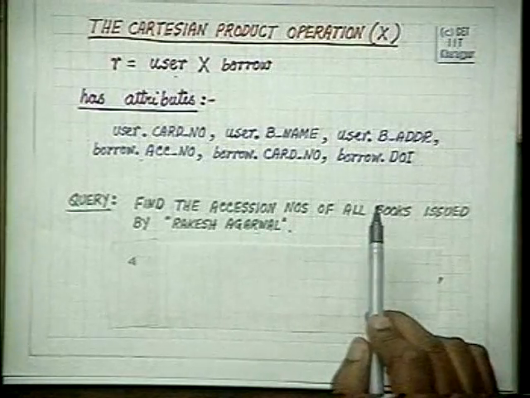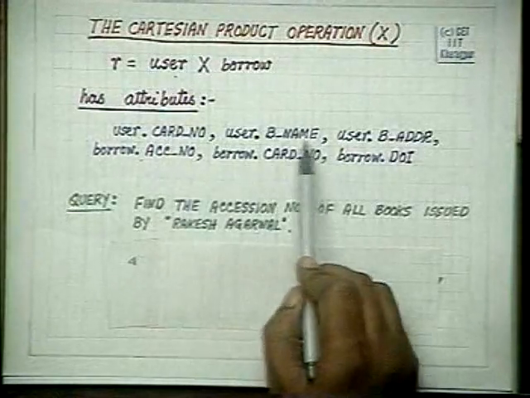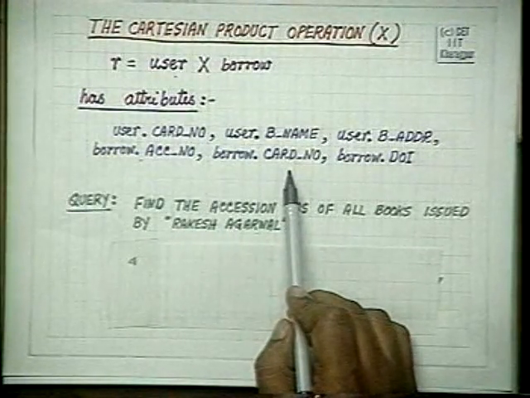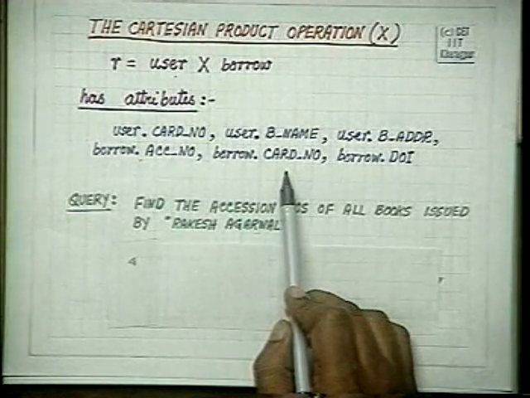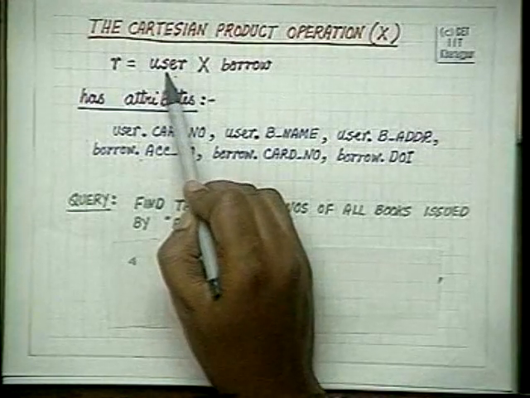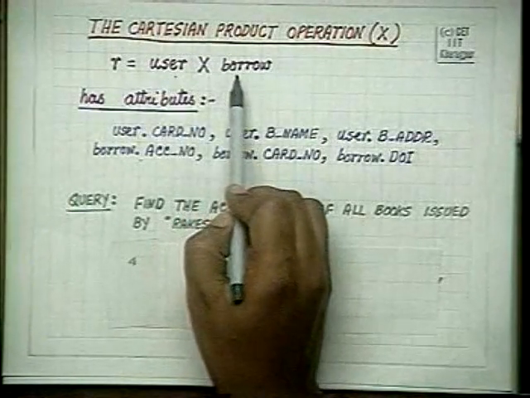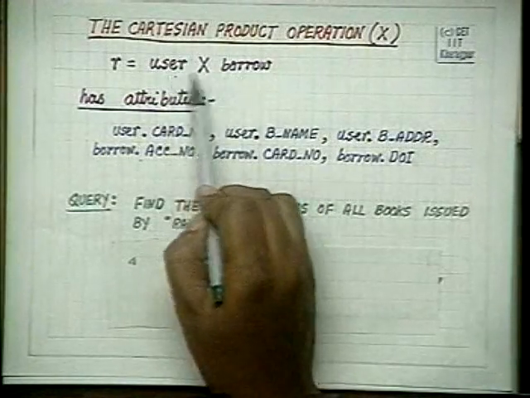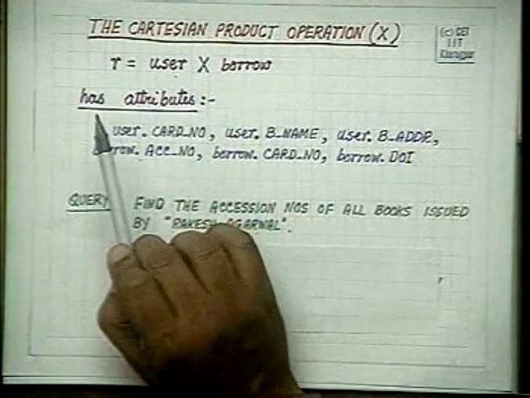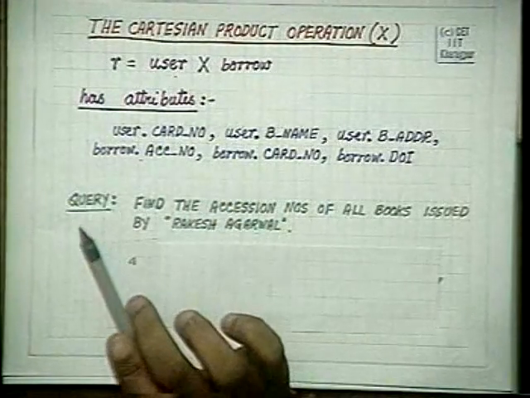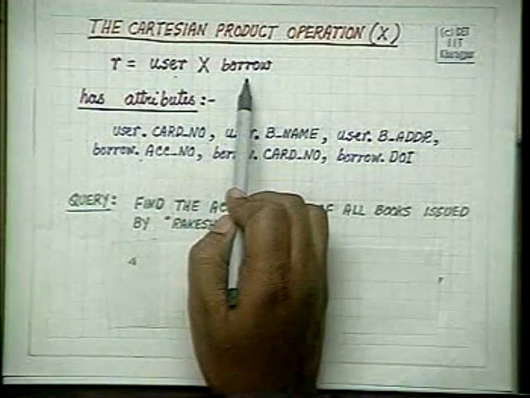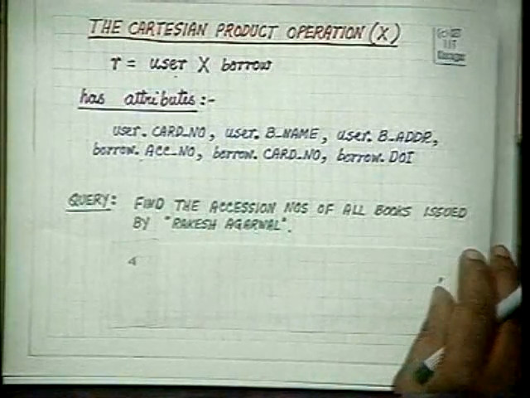Now in this, I will have a combination of card number 53 with card number 35, and that is of no use to me. What I want is those users and those people who have borrowed to have the same card number. If they have the same card number, only in those places will I look at the accession numbers. In the places in the Cartesian product where the card number is different, I am not interested because that is not relevant to me.